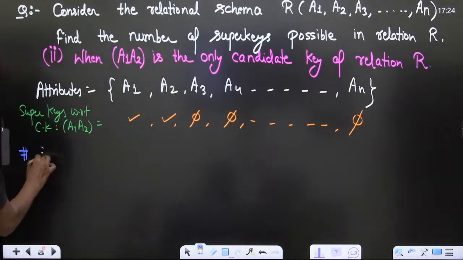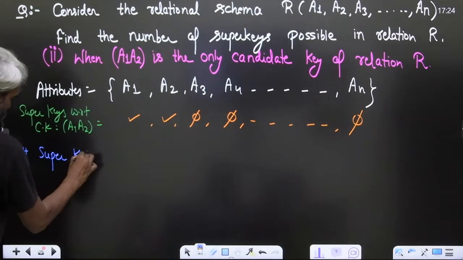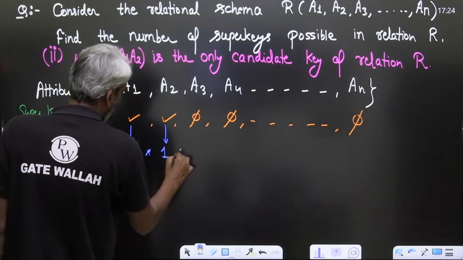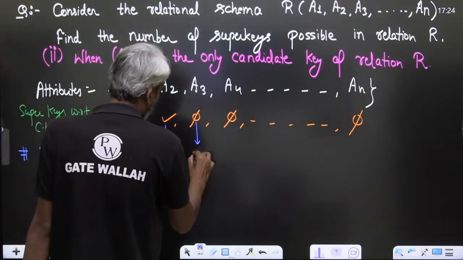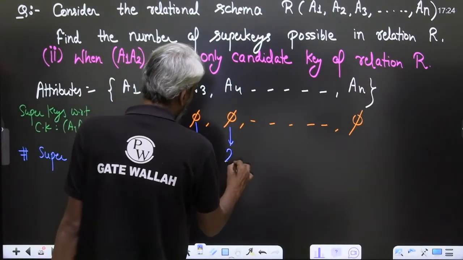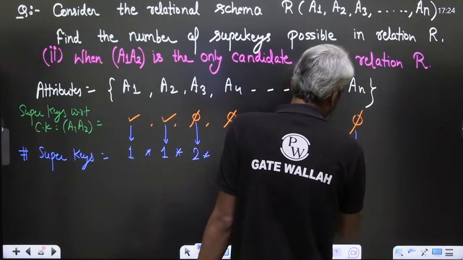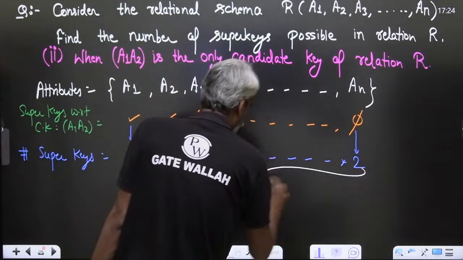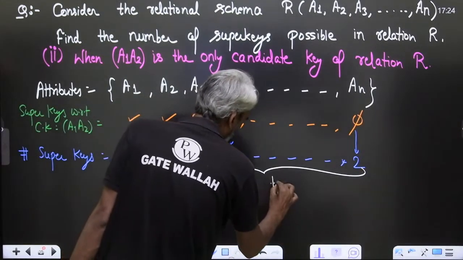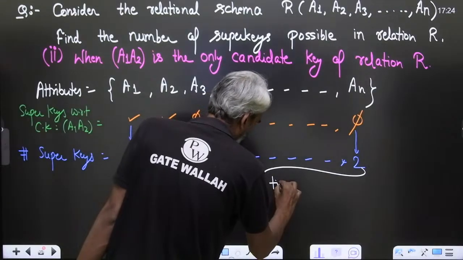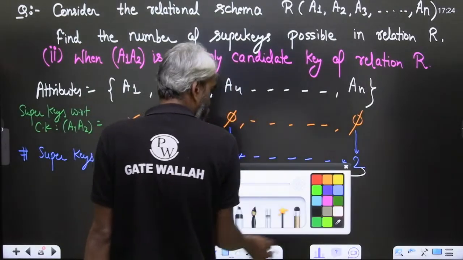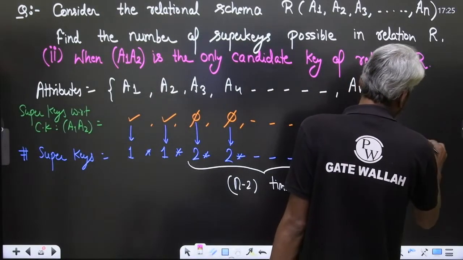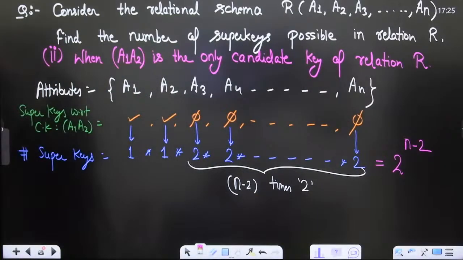For the number of super keys, there is only one choice for A1 and only one choice for A2. For A3, A4 and AN, two choices each. This is n minus 2 times 2, so this will be equal to 2 raised to the power n minus 2. Clear?